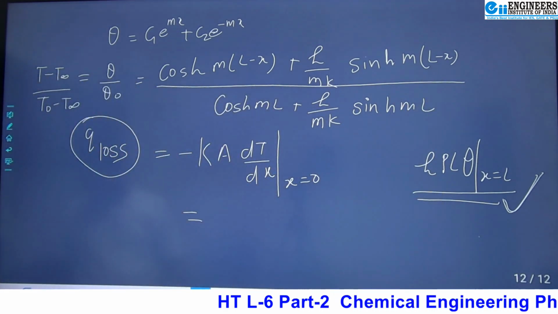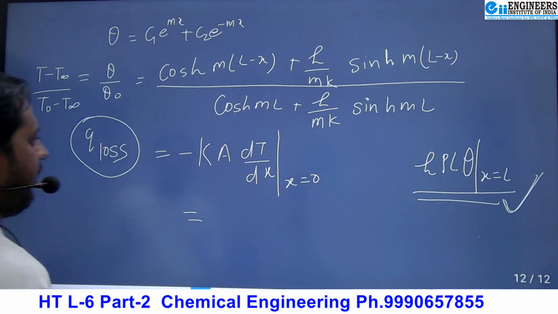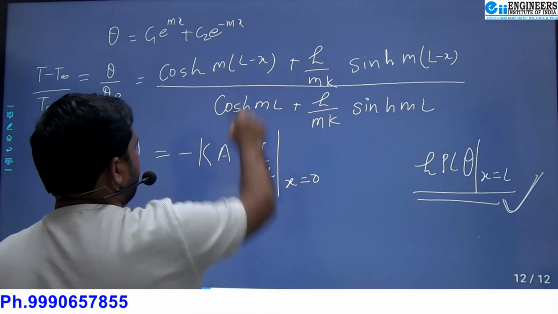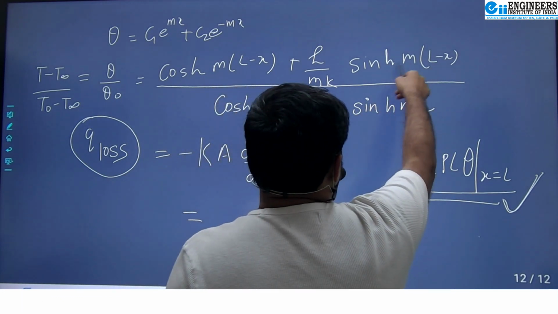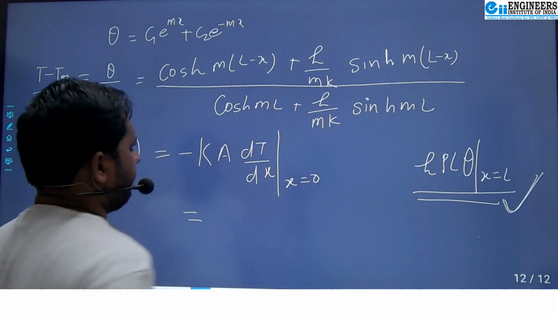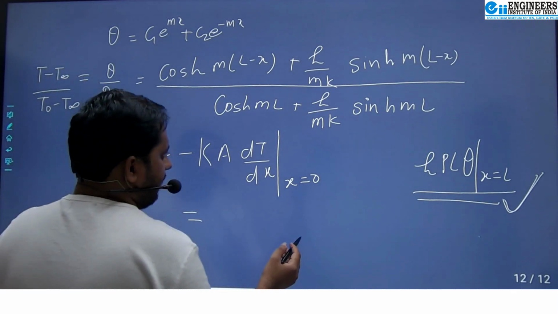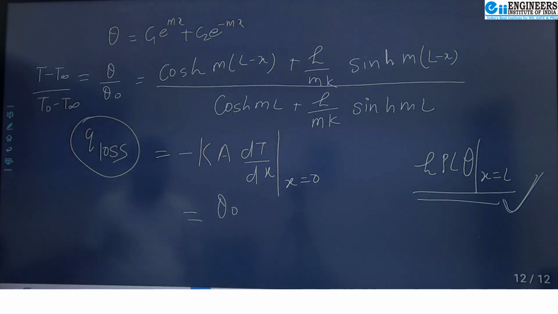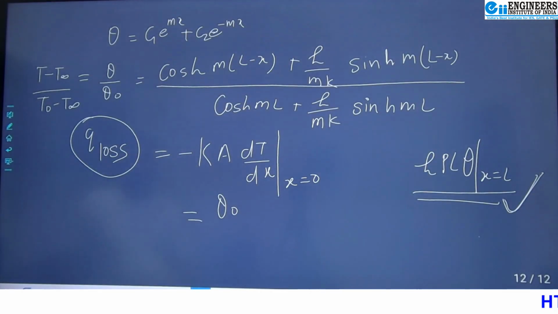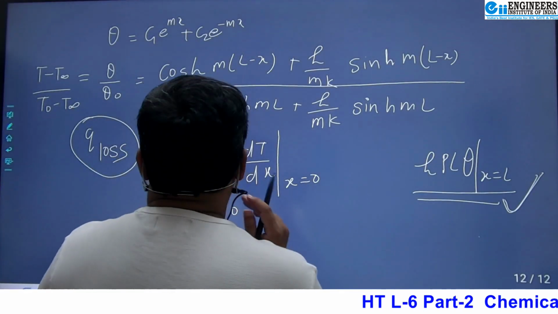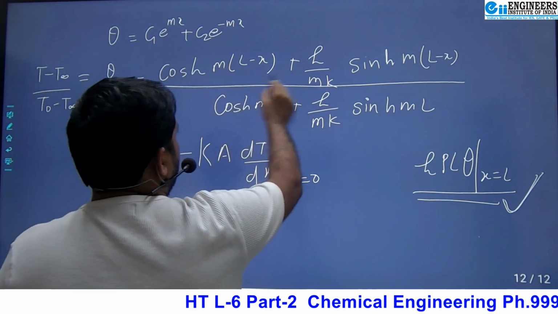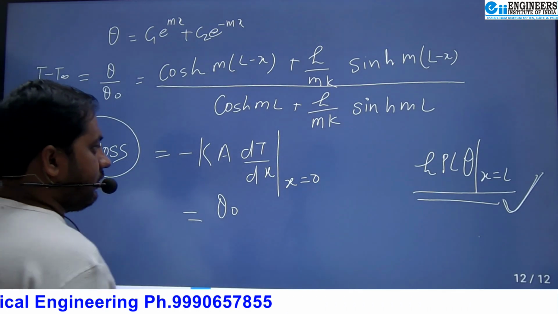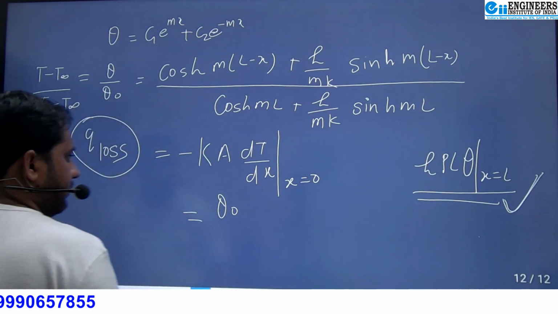So you will find that when you put x equal to L here, this becomes cosh 0, and h by mk times sinh 0, upon this value. In this way, if you put theta at x equal to L you will get theta naught and this whole value.